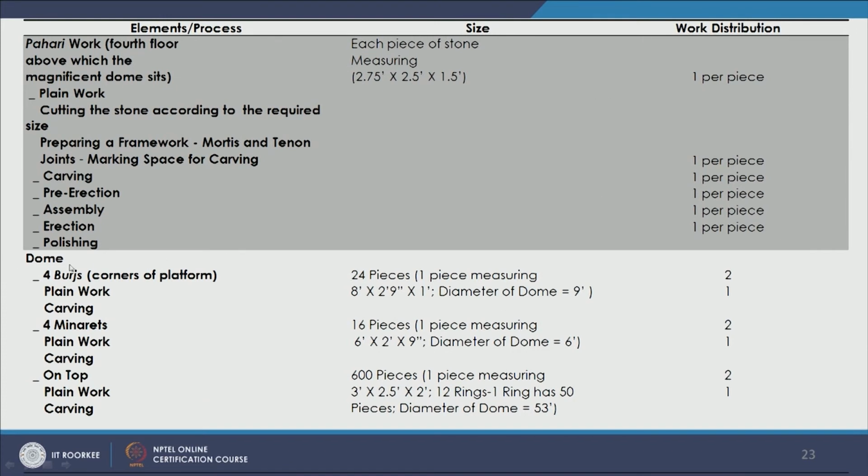Also, for example, in the case of the dome, there are different pieces of stone which are assembled to create these domes, and within that minarets and boards. So all those details we were able to understand through documentation, through inventory making.